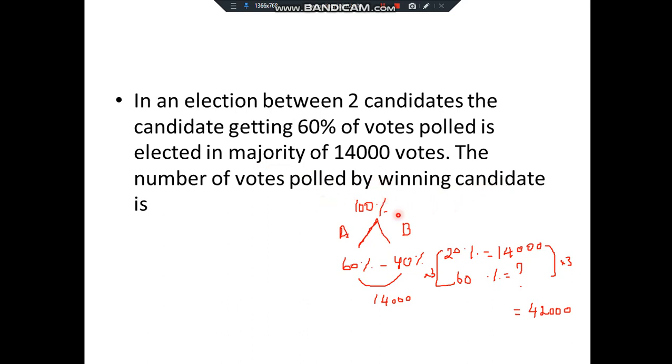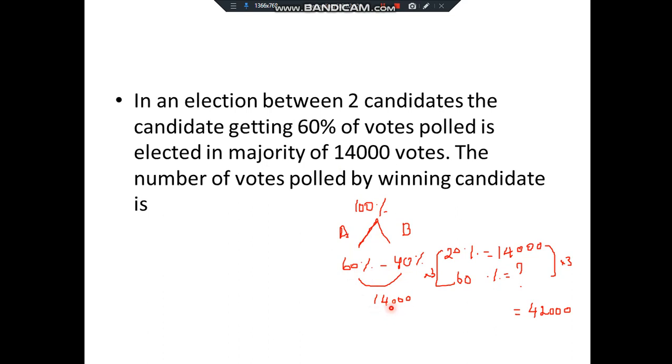So as usual, keep 100% as the base, that is the total. A and B are the two candidates. Let us consider 60% is obtained by A. So obviously B would get 40%. They have given a majority of 14,000 votes, which means A won over B by 14,000 votes. So the difference between the two is 14,000.